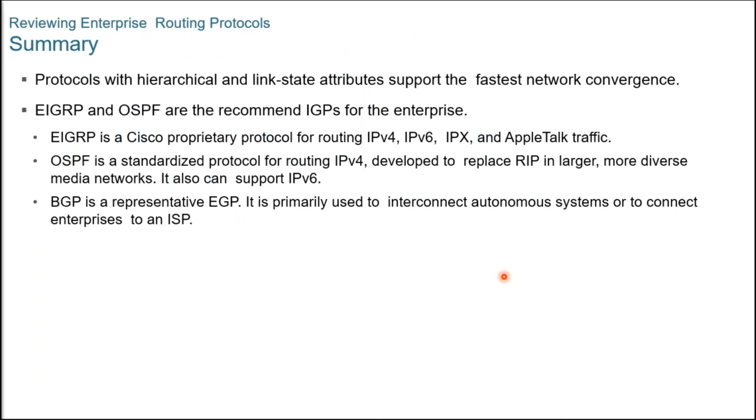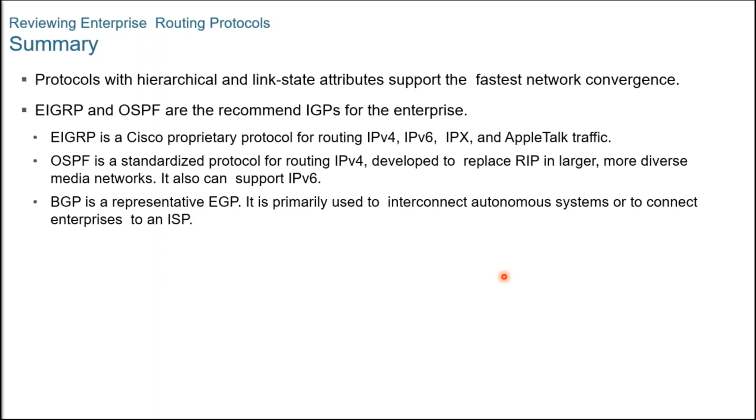Now, to summarize, reviewing the enterprise routing protocols. Protocols with hierarchical and link state attributes support the fastest network convergence. EIGRP and OSPF are the recommended IGPs for the enterprise. EIGRP is Cisco proprietary for routing IPv4, IPv6, IPX, and AppleTalk traffic.